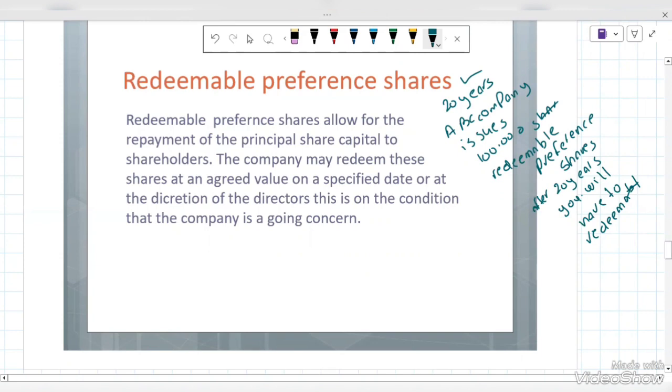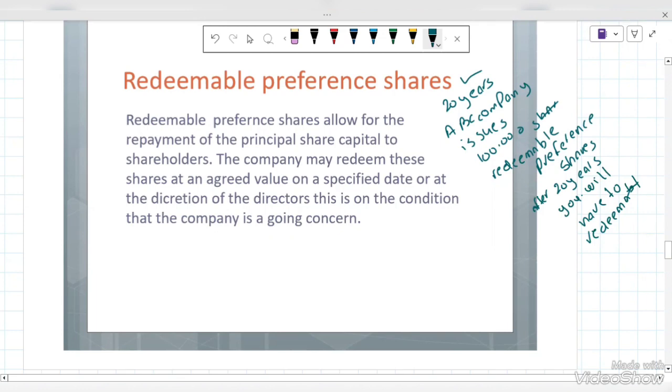But if you are purchasing redeemable preference shares, it means that there is a time limit. After 20 years, basically 20 years is a maximum time limit in the case of redeemable preference shares. After 20 years, ABC company will pay you back for your preference shares, and you will no longer get any dividend from the ABC company.